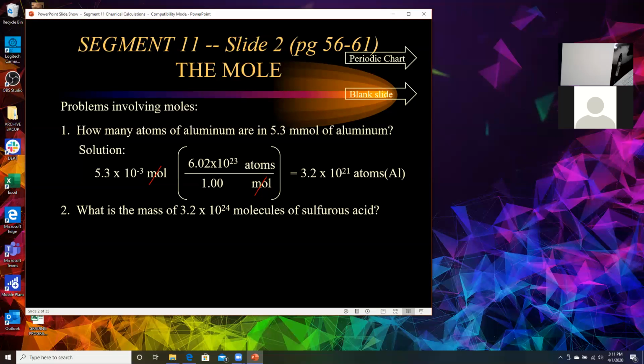What about the mass? What is the mass of 3.2 times 10 to the 24 molecules of sulfurous acid? Okay, a couple of things. If you don't know what sulfurous acid is, you can't work the problem. So that should remind you to be sure you know nomenclature. It's going to get much more important.